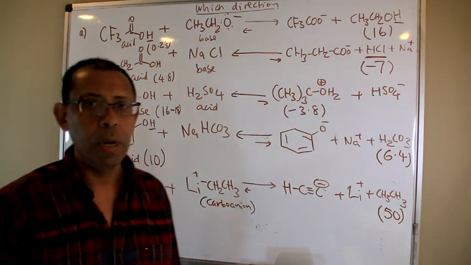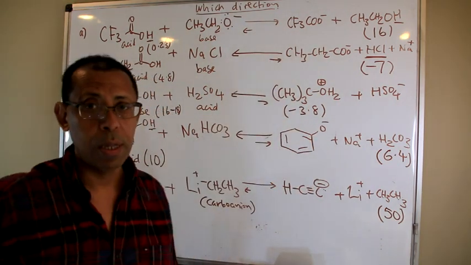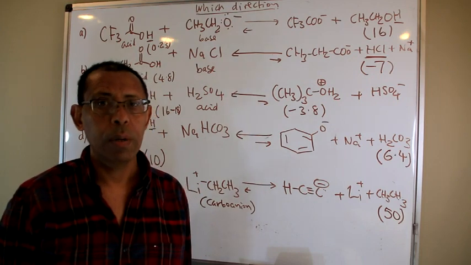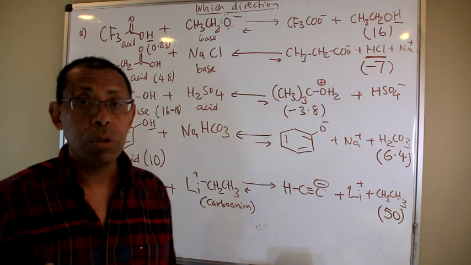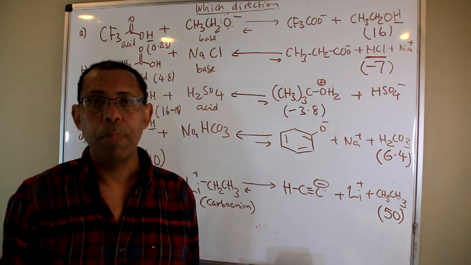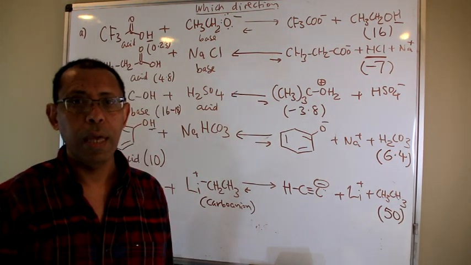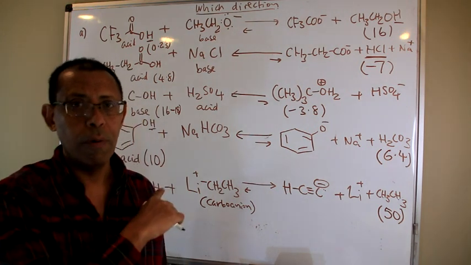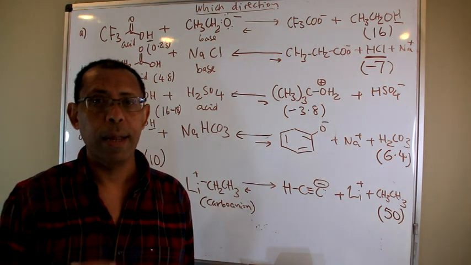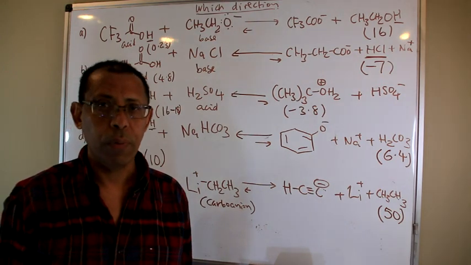So remember, the whole point of this exercise is, one, to understand what conjugate acid is formed, and two, the pKa value of the conjugate acid should be larger than the pKa of the starting acid. Otherwise, the reaction would not go in the forward direction.